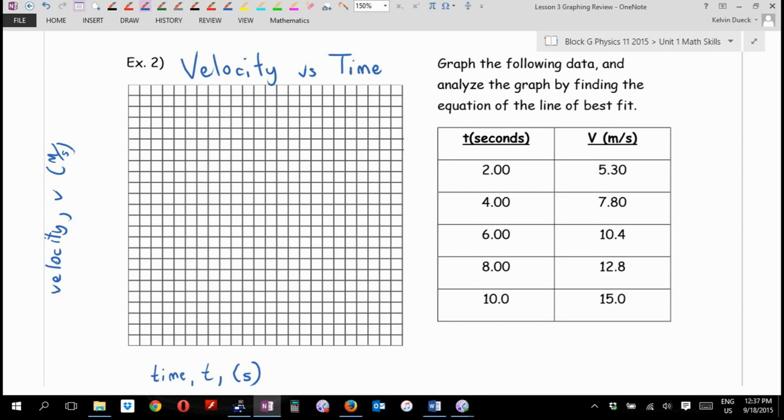If we want to use as much graph paper as possible, I think a good scale would be to have every one be how many squares? 2 squares. So I'm going to go like this. Skip 1, skip 2, skip 3, skip a square 4. That would be a good scale on the x-axis. I would probably take a half mark off, Cody, if you only went up by ones and your graph was only this wide when I gave you that much paper.